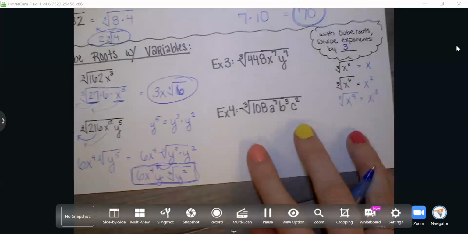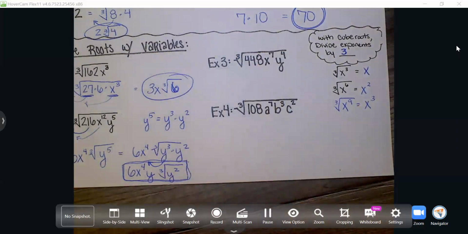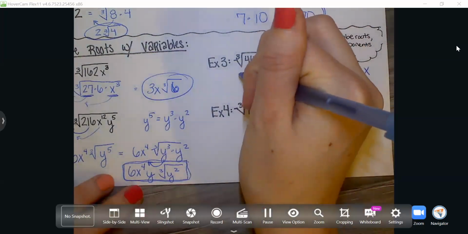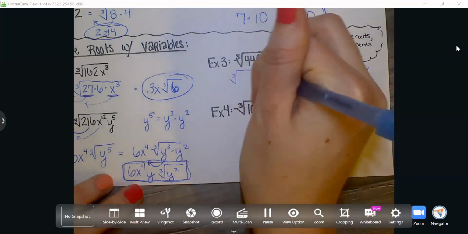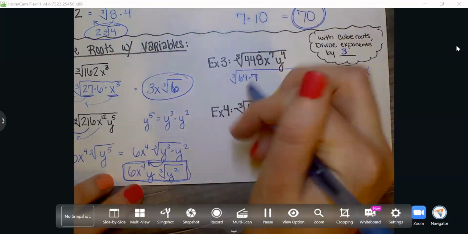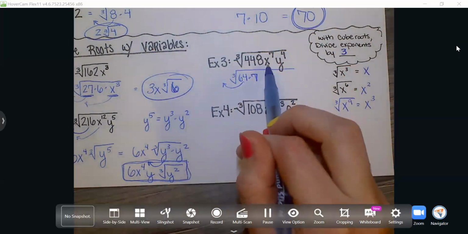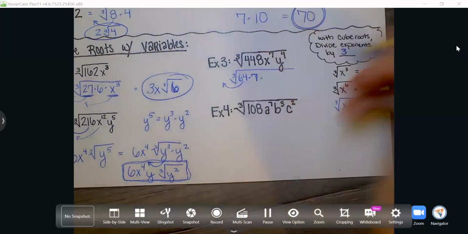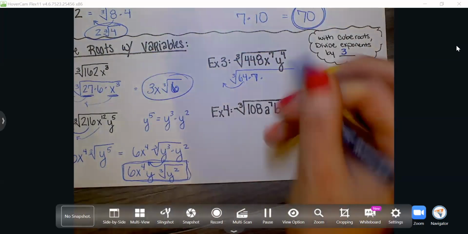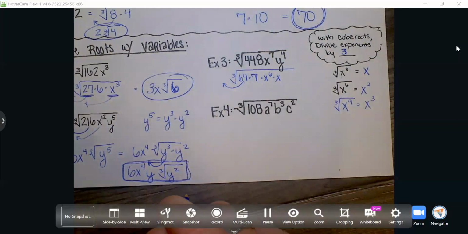And let's do number 3. When I break down 448, what perfect cube can break that one down? I should get 64 times 7. So 64 can come out. This x to the 7th, I'm going to break it down into x to the 6th, a perfect cube, and x would be left over.